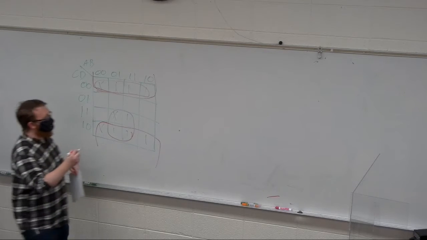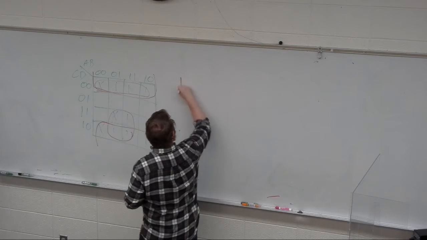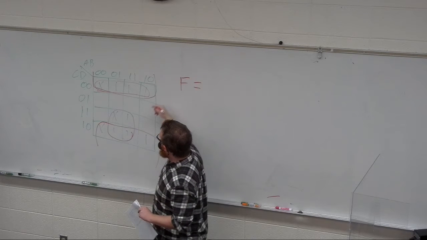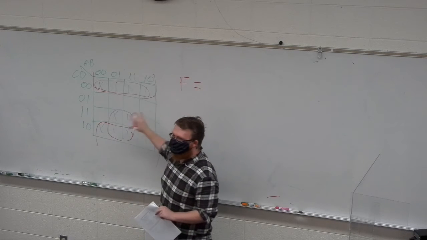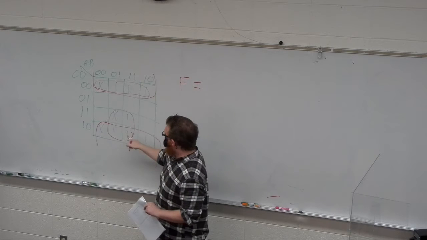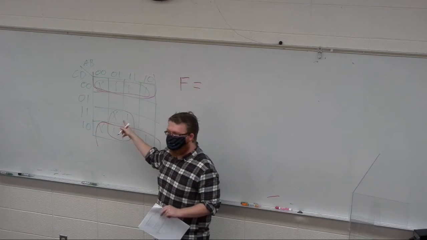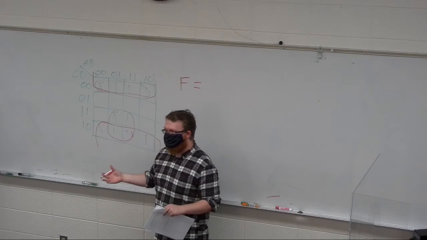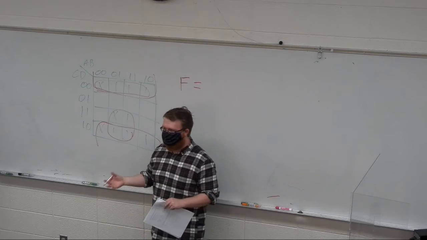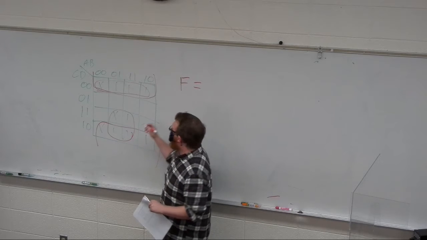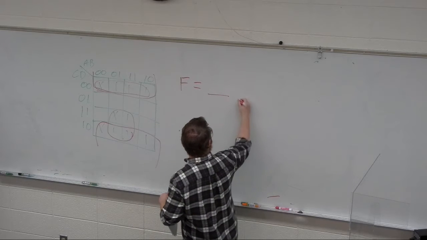Right, so once I have these circles, and I just want to write some function out of this, I look at the circles that I have. In this case, I only need the big one that covers 8, and then this little one that covers these 4. I have all of my ones covered, right? So doing the biggest circles I can has 2 benefits. One, it minimizes the number of terms in each.